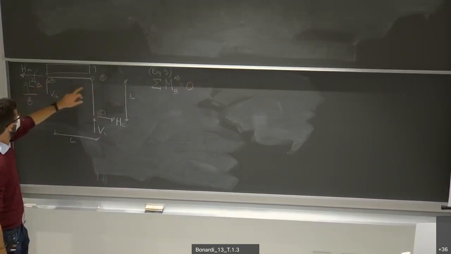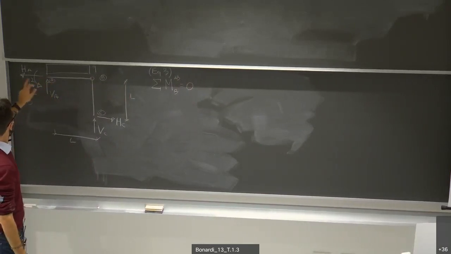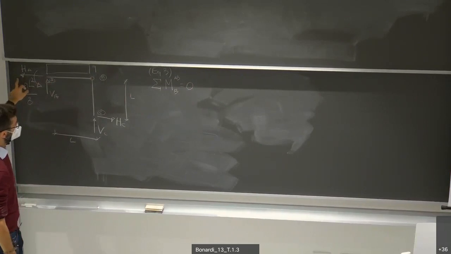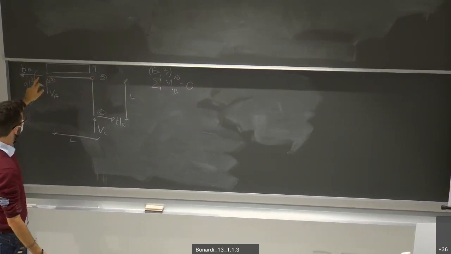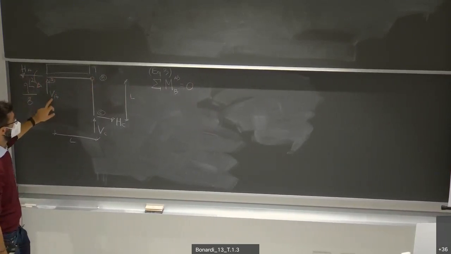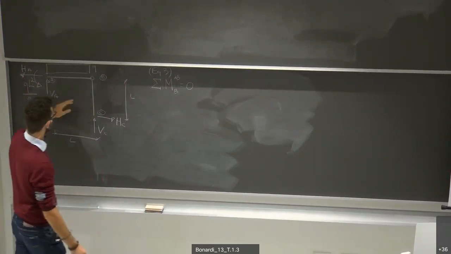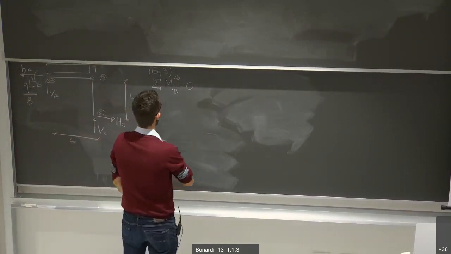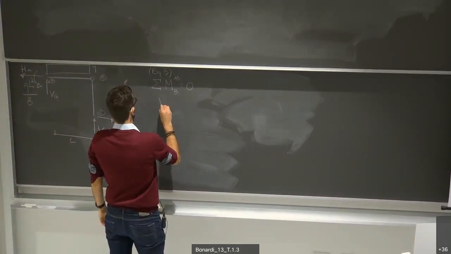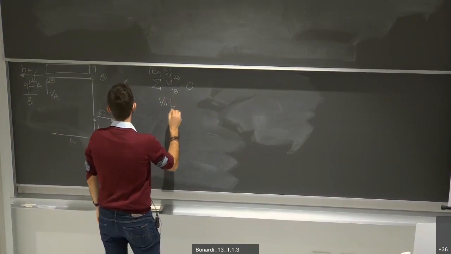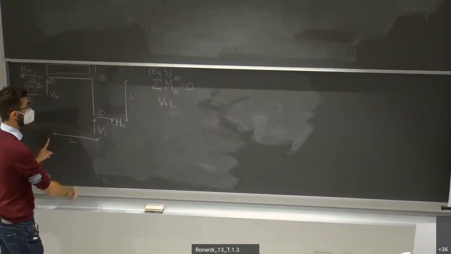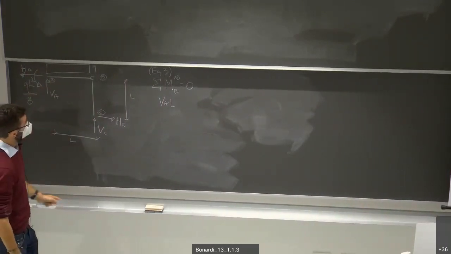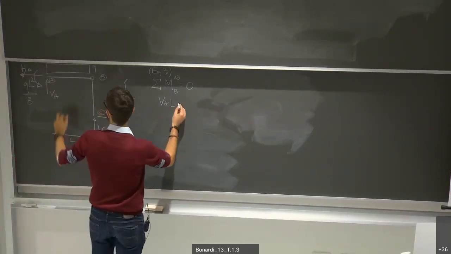in this case, the horizontal reaction, the HA, has zero level arm, the only unknown is VA. So we consider only the beam AB. So we have the VA times its level arm, which is L, in clockwise direction.